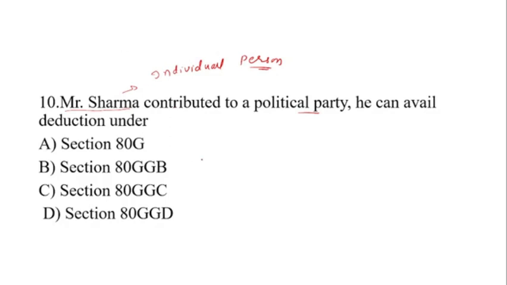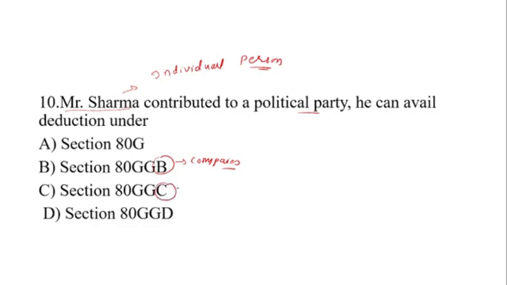Section 80GGB is for companies, when a company contributes to a political party. The two are different.